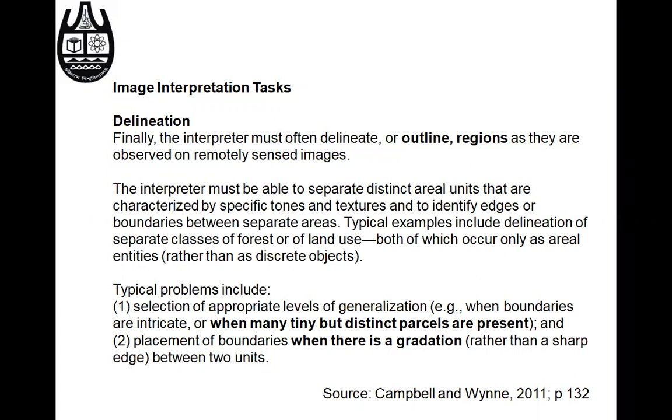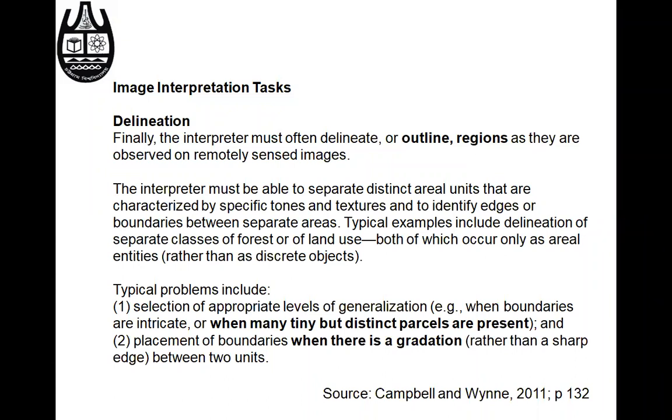Maybe you are working to find out some ponds of a particular area, and if the pond is very small, then maybe the boundary cannot be drawn, or cannot be identified by your image interpretation task. So it is one problem.